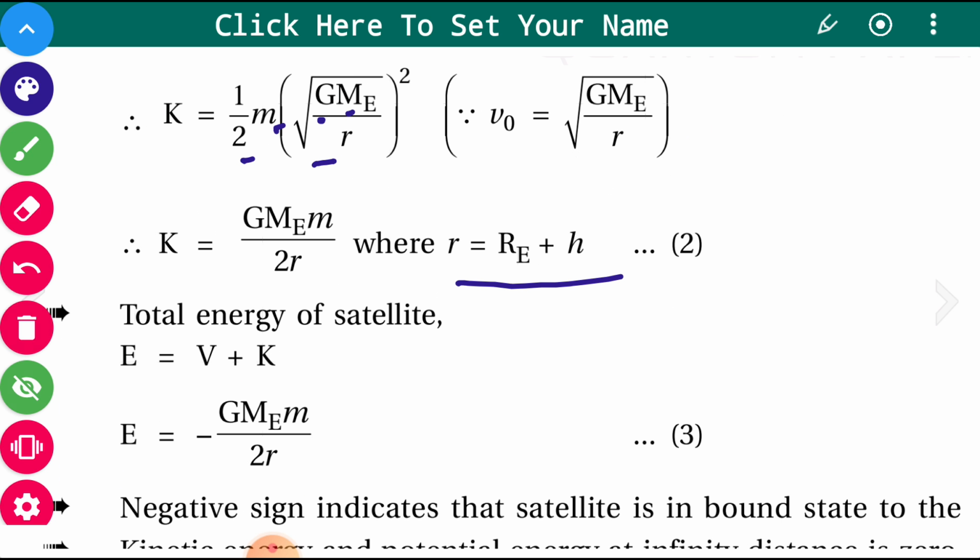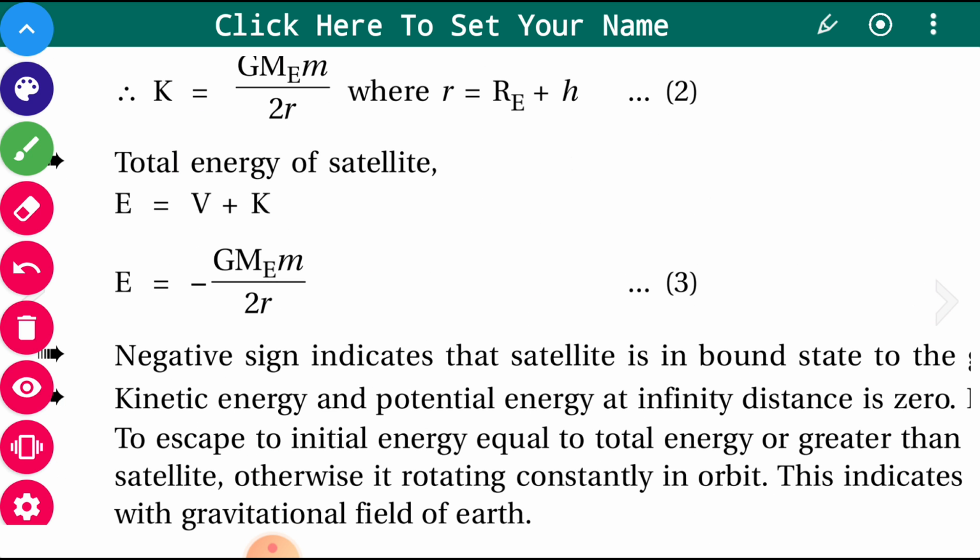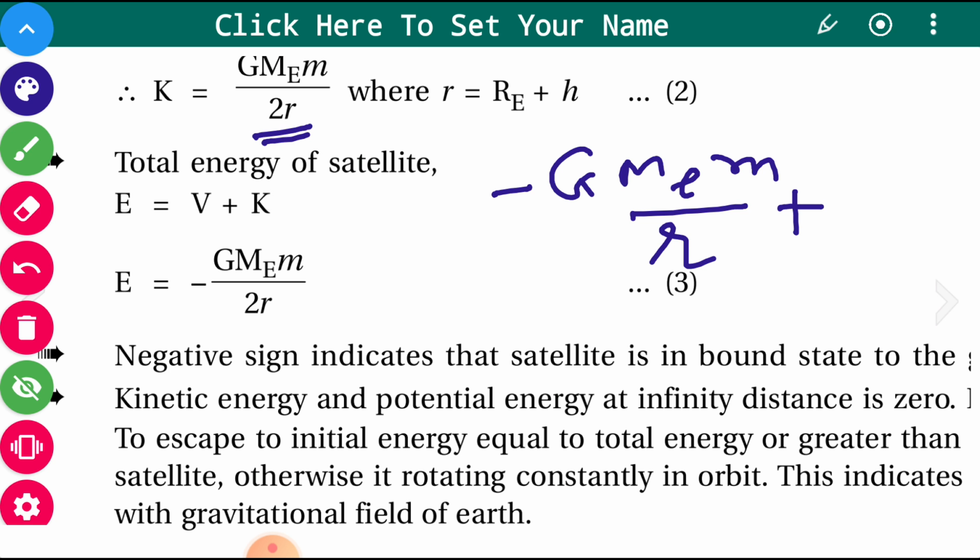Now total energy is the sum of potential and kinetic energy. The potential energy we already have, with a negative sign: minus G Me m upon r, plus the kinetic energy that we have obtained, G Me m upon 2r.